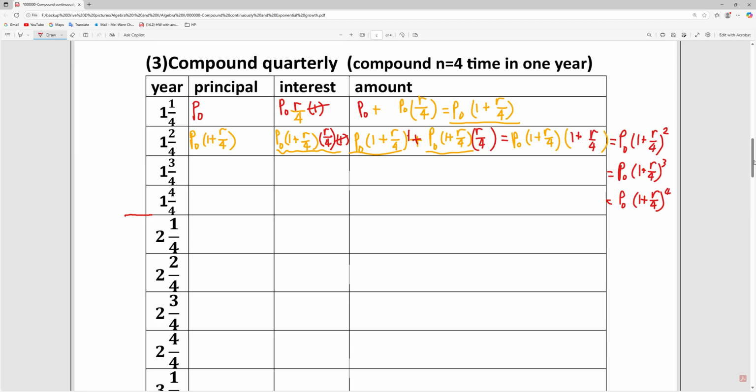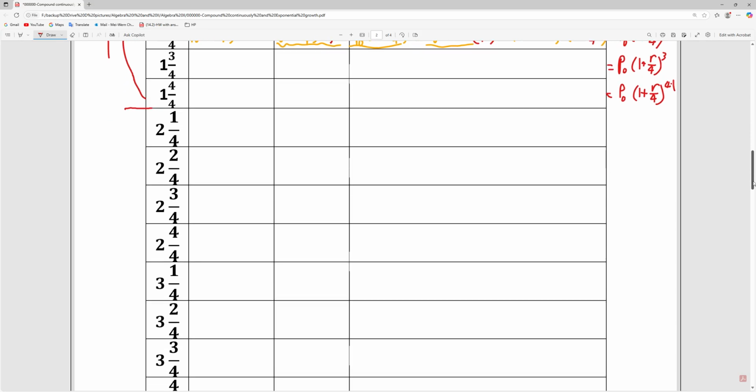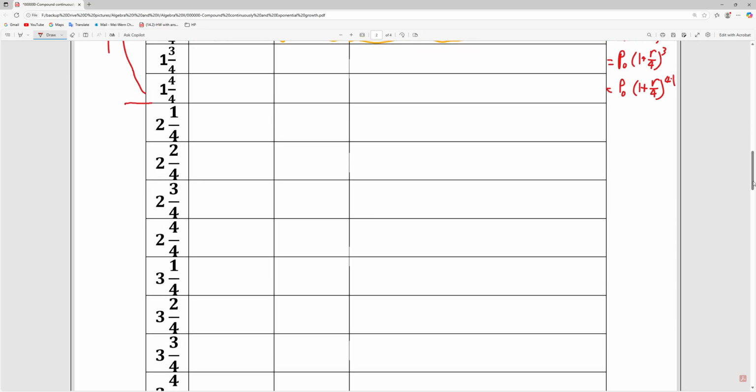You have 4. But remember, this is just 1 year. So there's 4 times 1 year because you have 4 times in 1 year. Make sense? Okay. So at the end of the second year, you're supposed to have P0 1 plus R over 4.